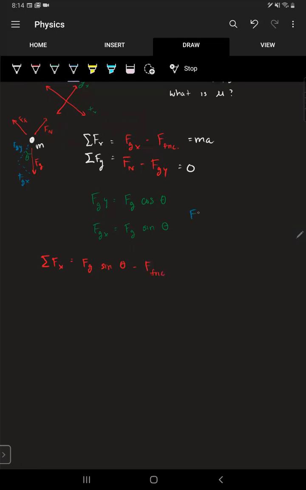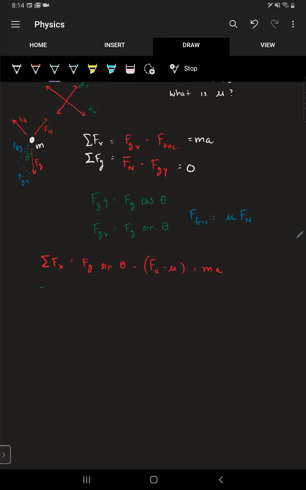If you recall from last time, the force of friction is equal to mu times the normal force, Fn. So let's rewrite this: f of n times mu equals ma.